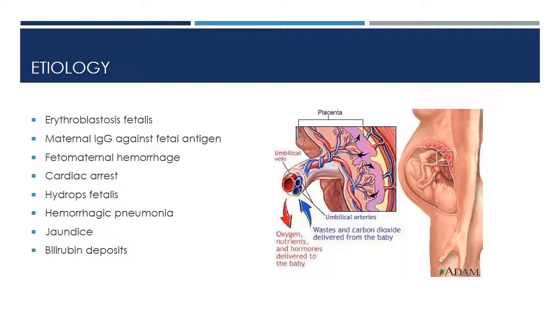And the reaction that you can have can be anywhere from relatively mild to severe. And that is all based on how strong the reaction is between the antibody and the antigen. In some cases, the fetal cells might just be sensitized, covered with antibody, which would still reduce their overall lifespan.